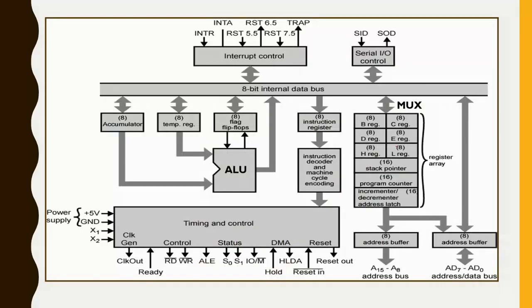So let's come to the block diagram mainly. The thing you should know is that 8085 has an 8-bit data bus and a 16-bit address bus. And there are 7 general purpose registers. Those are the accumulator, which is represented by A, and another 6 are B, C, D, E, H, and L. These are the names provided to those registers, and all these registers are of 8 bits because the data bus is of 8 bits.